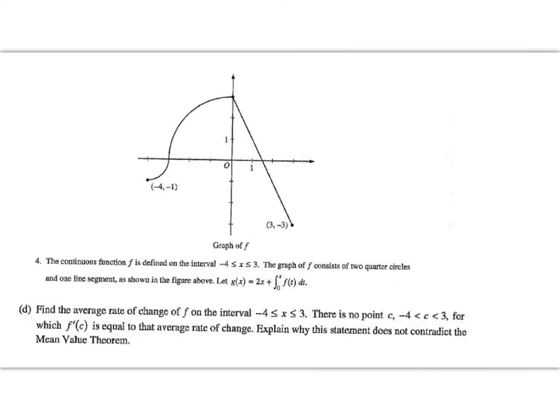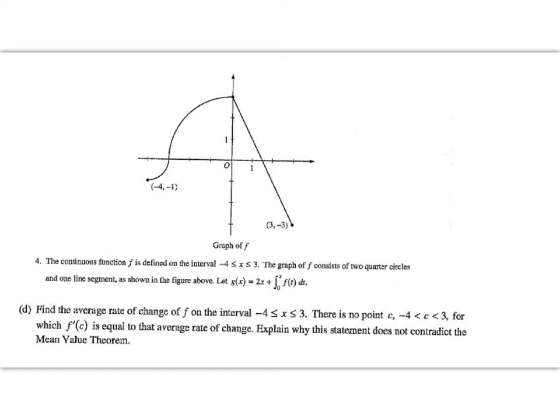Okay, now this one, you thought the previous part wasn't so bad. This part isn't as bad as it might look either. Find the average rate of change of f on this interval from -4 to 3. And then it goes on to say there is no point for which f prime is equal to that average rate of change, and we're to explain why. This does not contradict the mean value theorem. Okay, well, let's get back to that in just a moment.